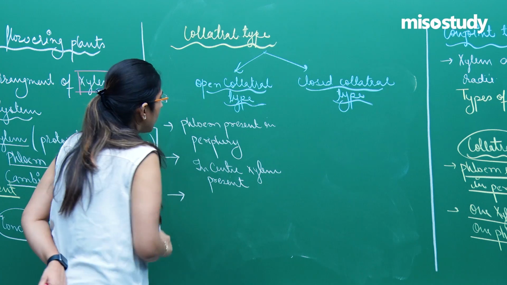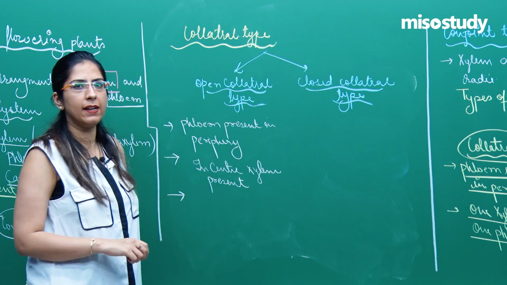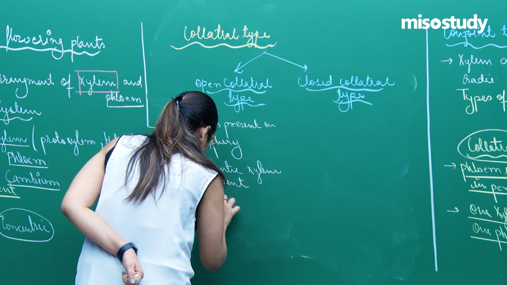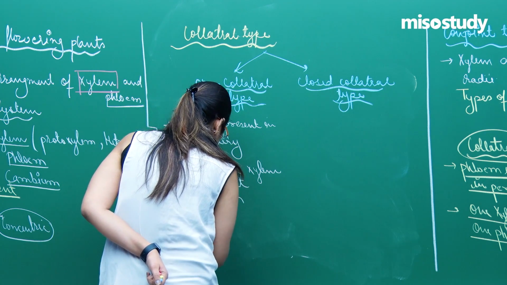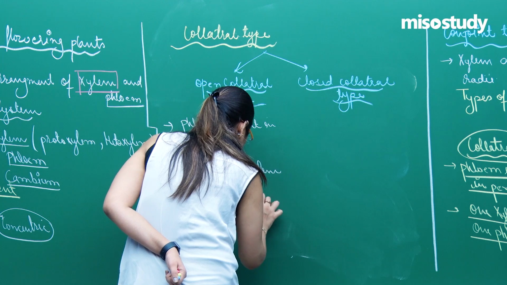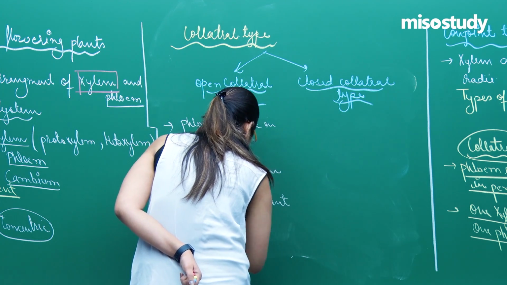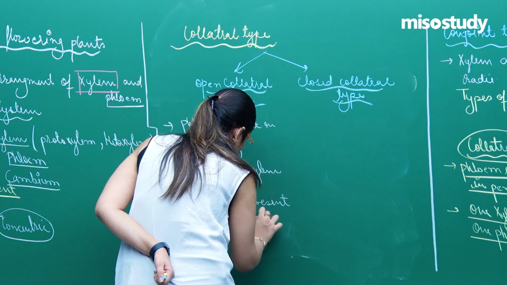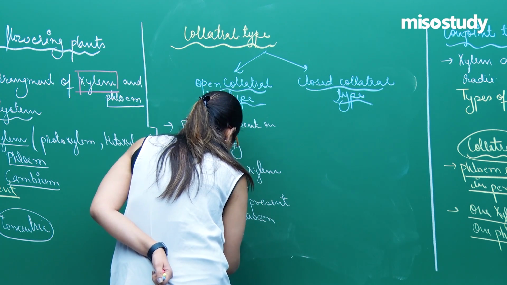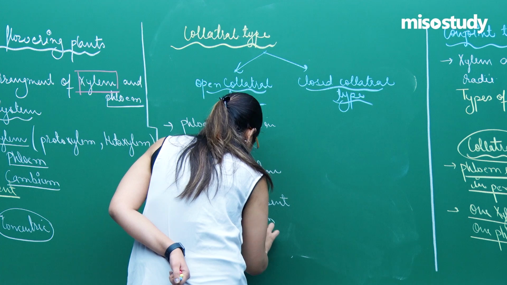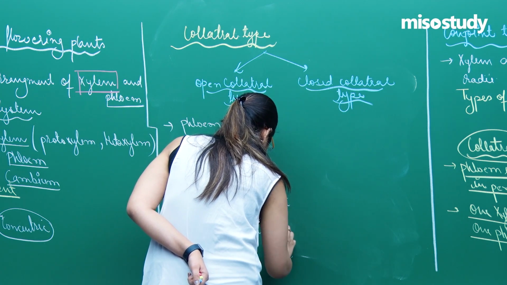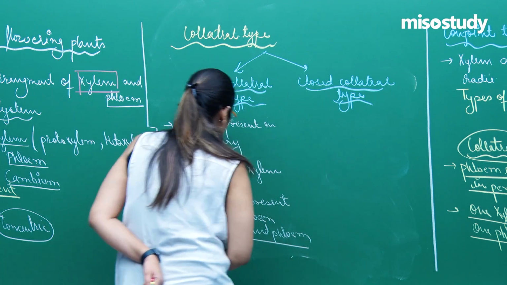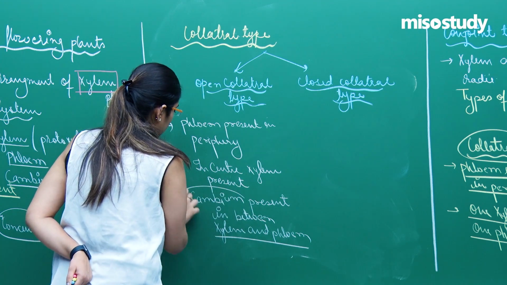Now, the very important third point of this open collateral type is that the cambium is present in between xylem and phloem.